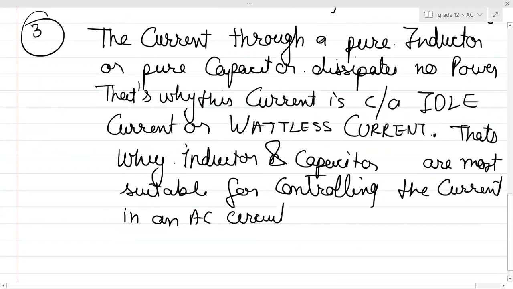So instead of using a resistor, you can use an inductor or a capacitor to control the current. Sir, why can't we use a resistor?